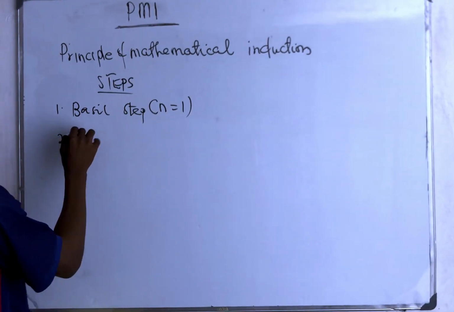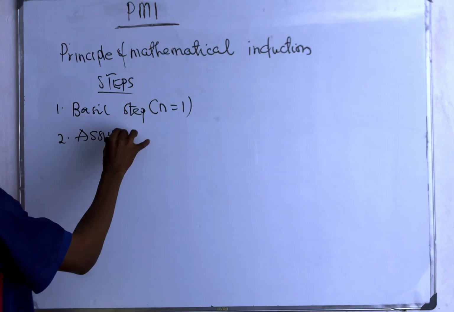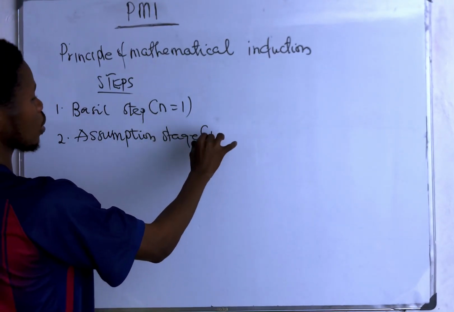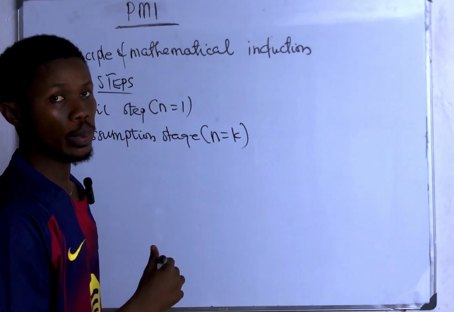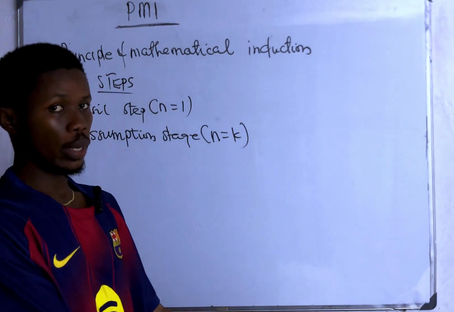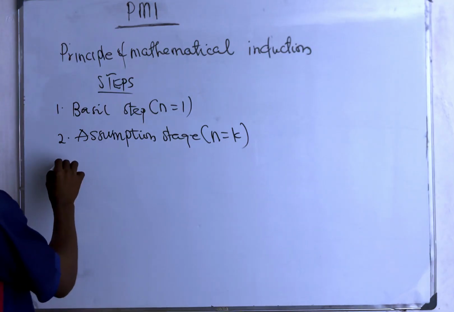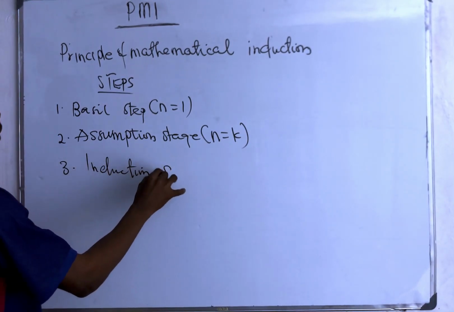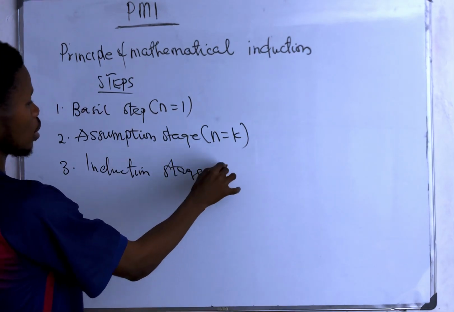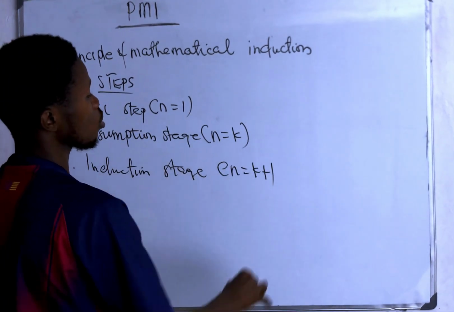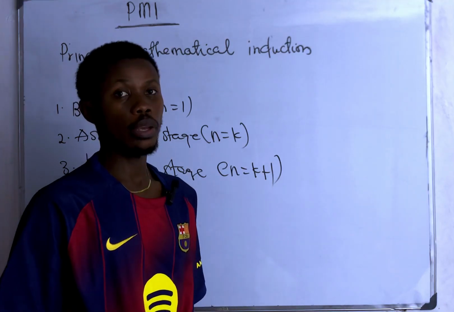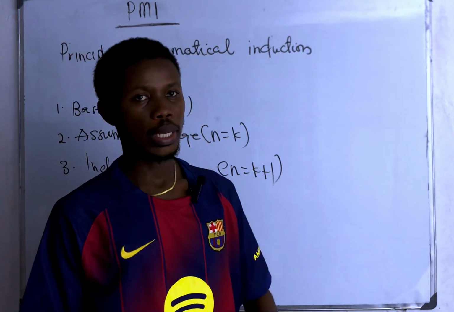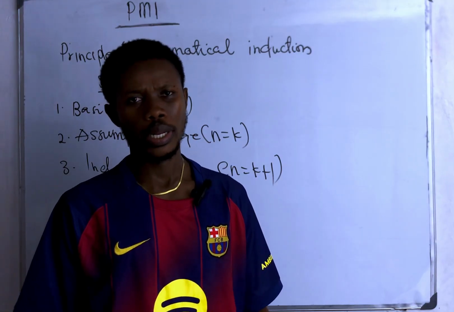Second is the assumption stage, where you say n equals k, and you substitute into the equation. The last one is the induction stage, when n equals k plus 1. You also put it there to check if, indeed, both the left hand side and right hand side are equal. So let's look at an example.